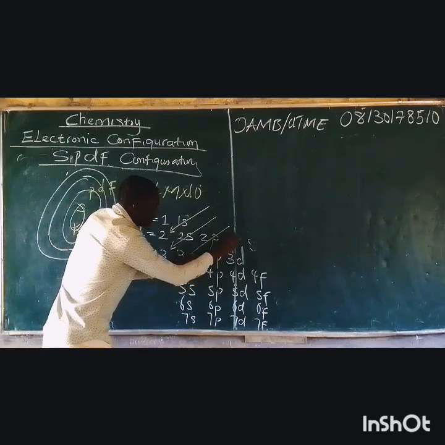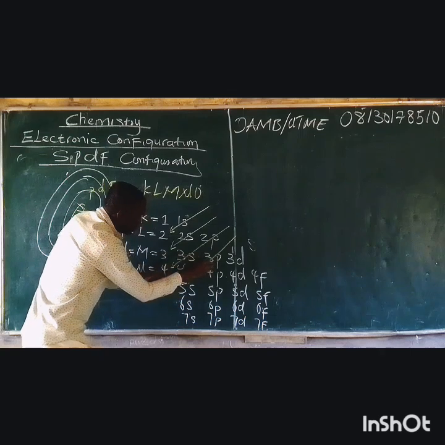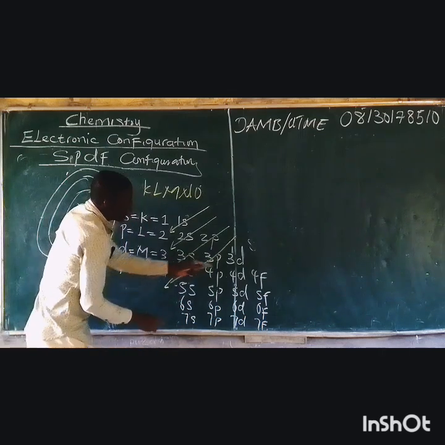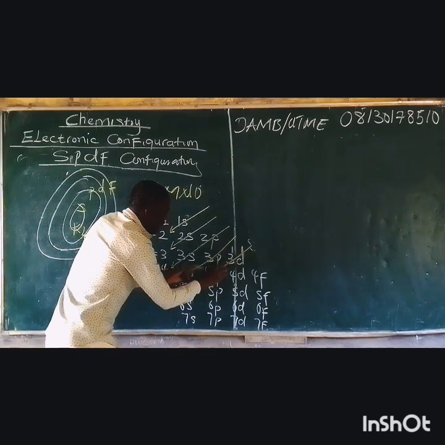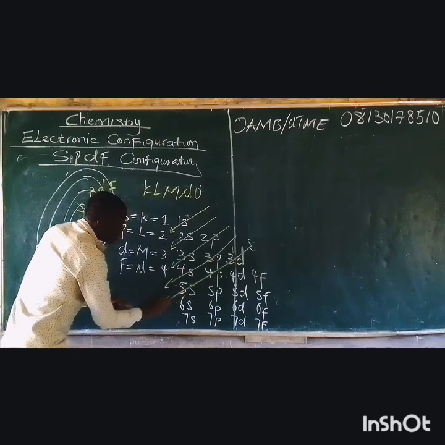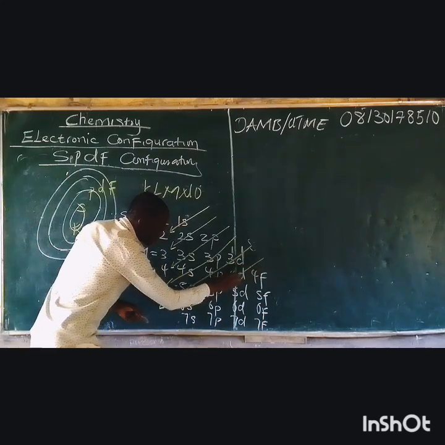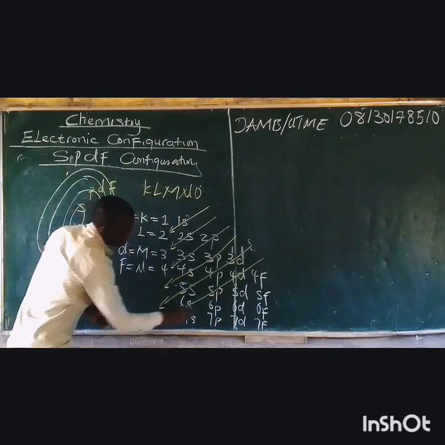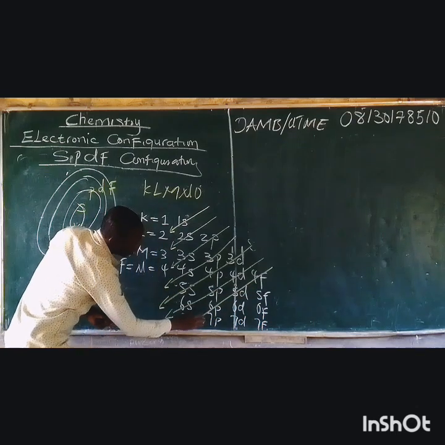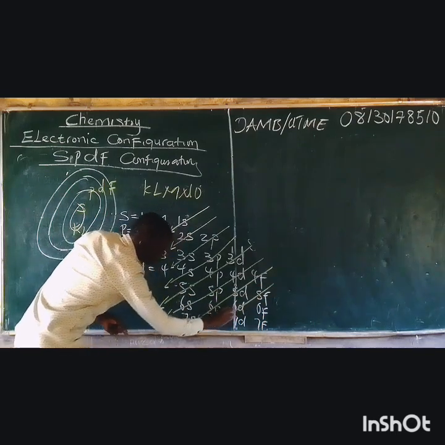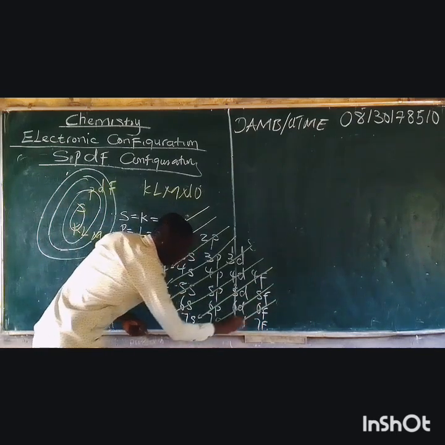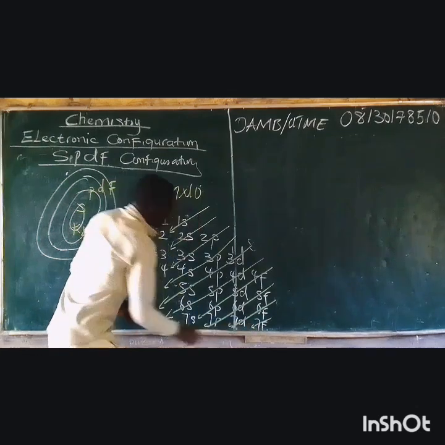After the 3s, 3p. After the 3p, 4s. After the 4s, 3d. After the 3d, 4p, then 5s, like that, and each arrow cancels out as you go.